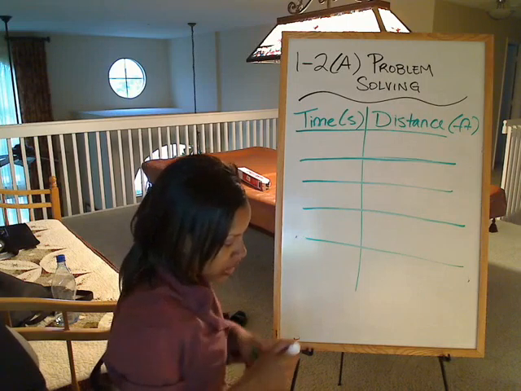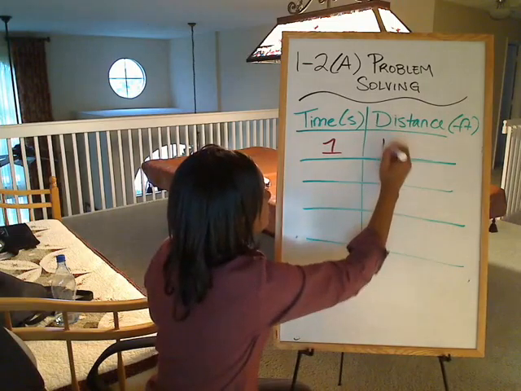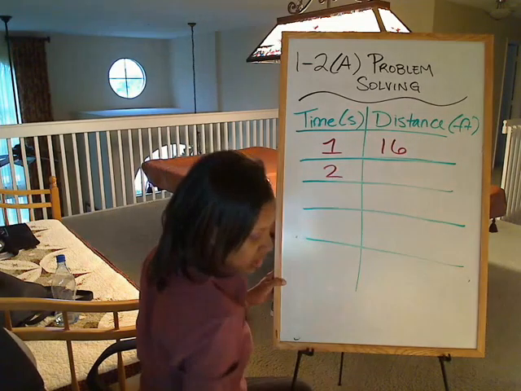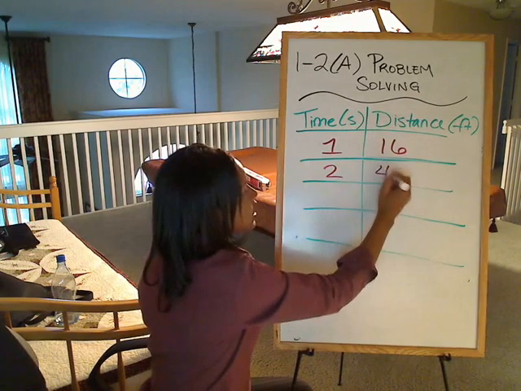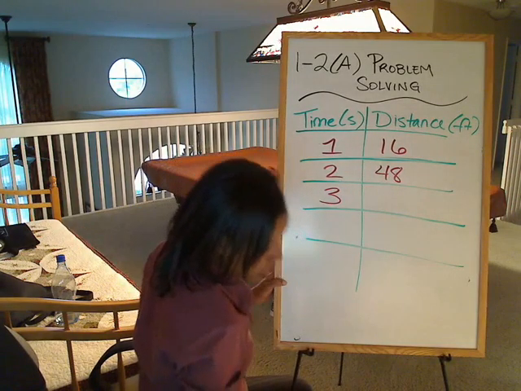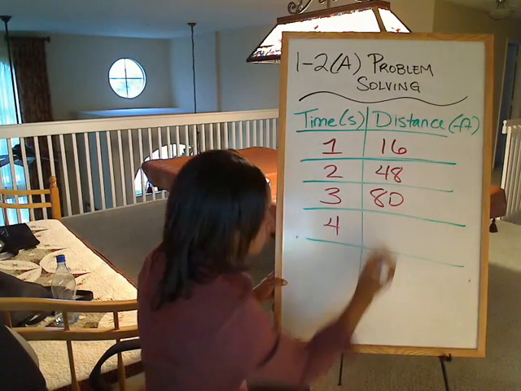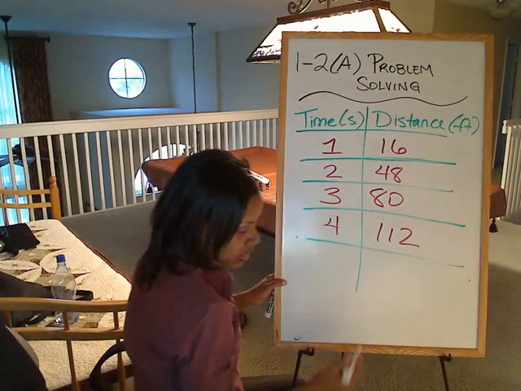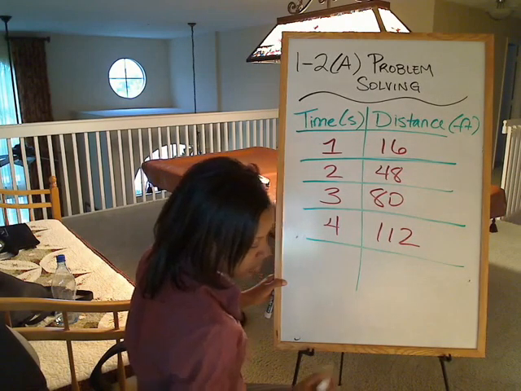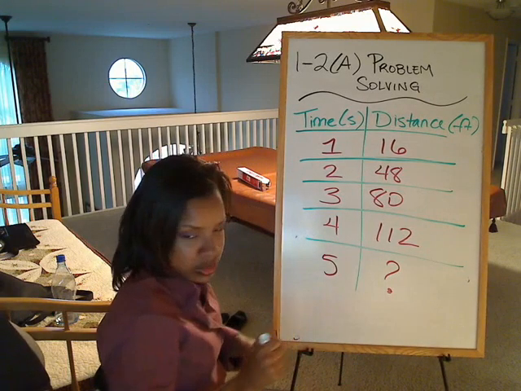In the first second, the distance fallen was 16 feet. In the second, 48 feet. In the third second, 80 feet. In the fourth second, 112 feet, and they ask you, how far will an object fall during the 5th second? So we're trying to figure out what that last one is.